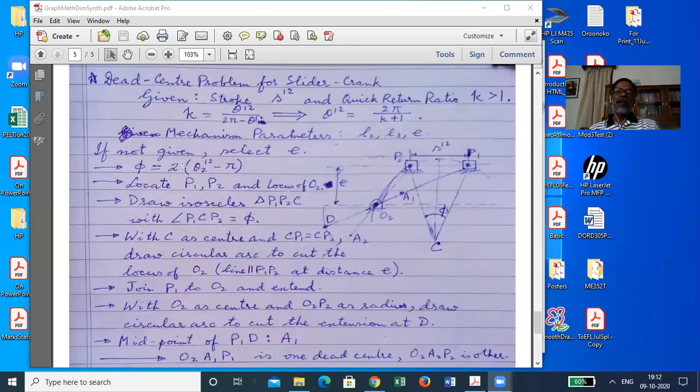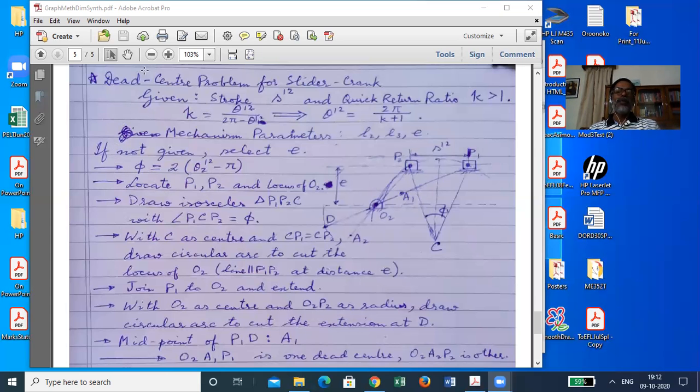So pi plus this will be theta 2 1 2. That means in the completely extended position the crank is in this direction, and in the completely folded position it is here. So in between, the angle is theta 2 1 2, and that is pi plus phi by 2. And this is what we have been targeting.